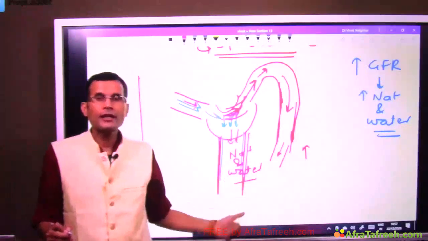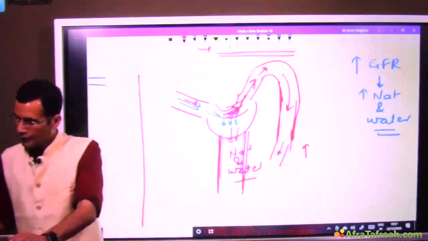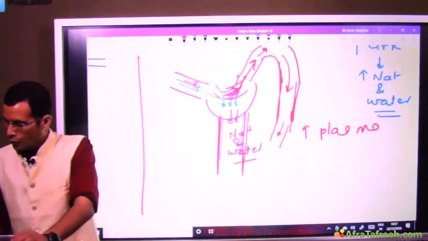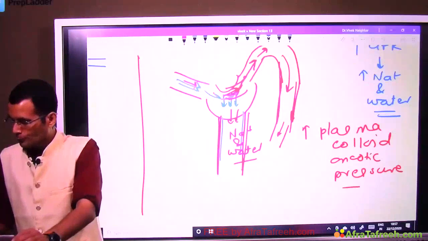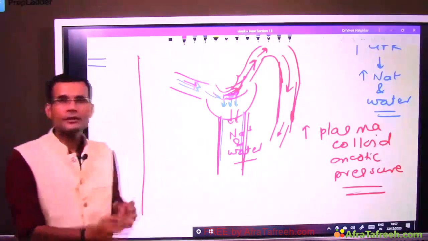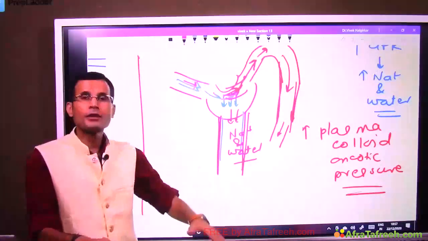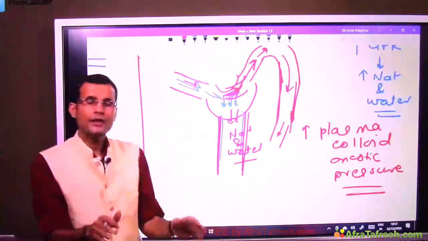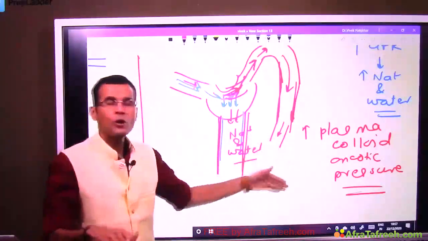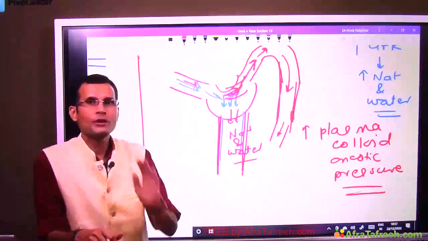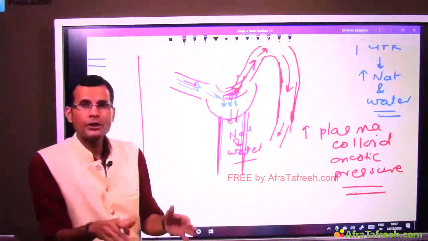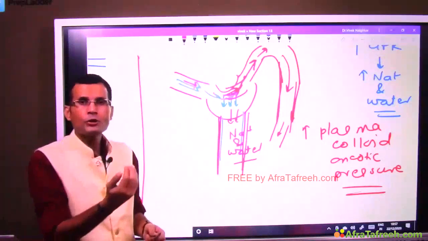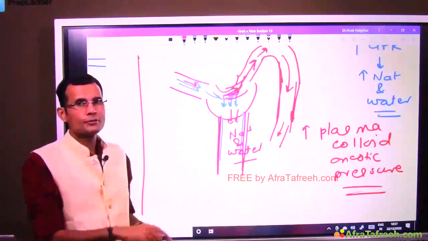We have seen that. That means it will have an increased plasma colloid oncotic pressure. You will have to refer to the discussion in the CVS which is related to the Starling's equilibrium. The proteins exert what is called colloid oncotic pressure or colloid osmotic pressure. And colloid oncotic pressure is a force or pressure that pulls the water towards it by osmosis.